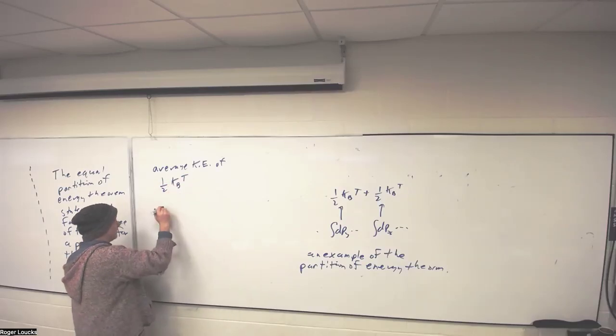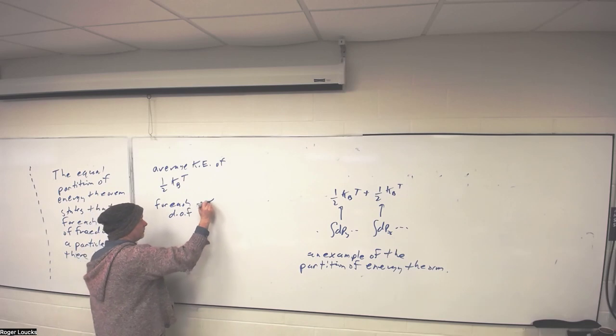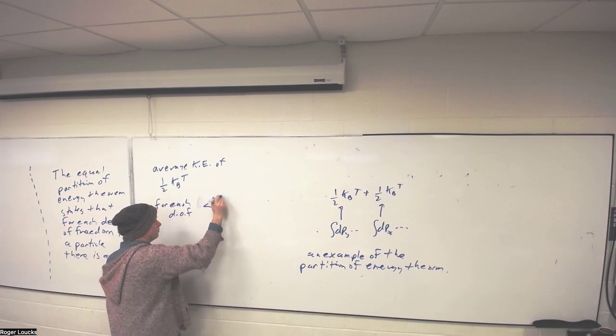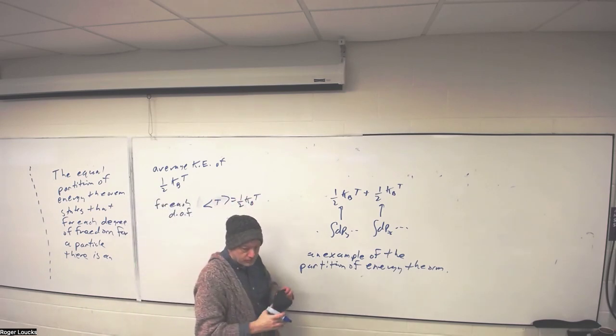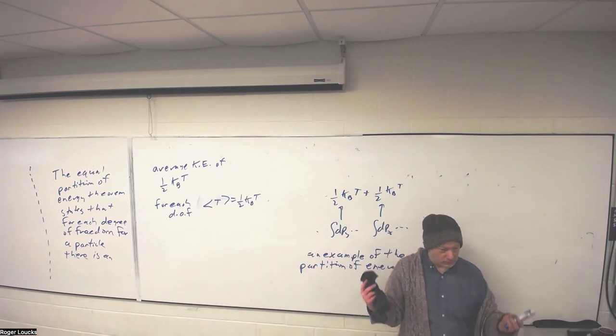So basically it says that for each degree of freedom, which I'm just going to call DOF, there is an average kinetic energy. Now that begs the question, what on earth is a degree of freedom?